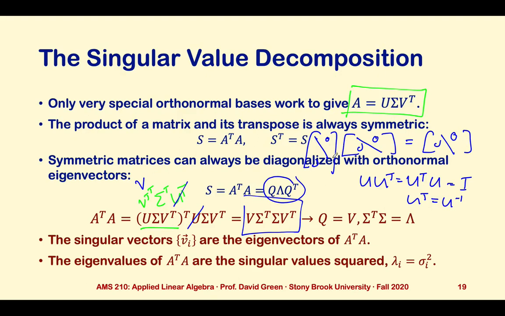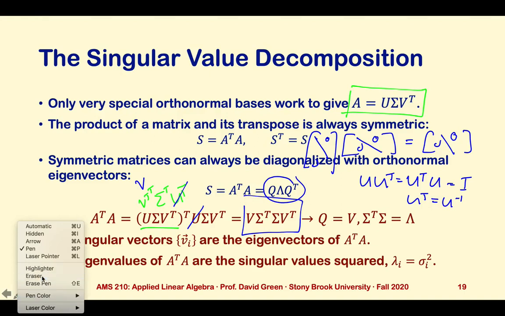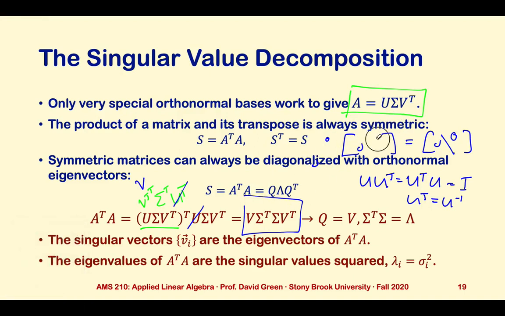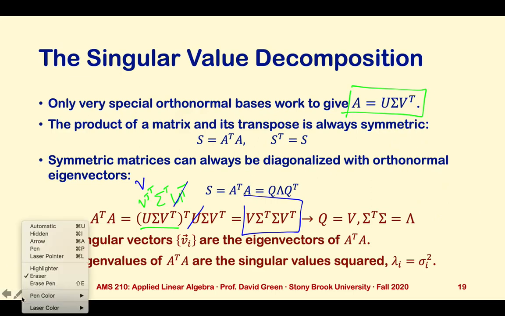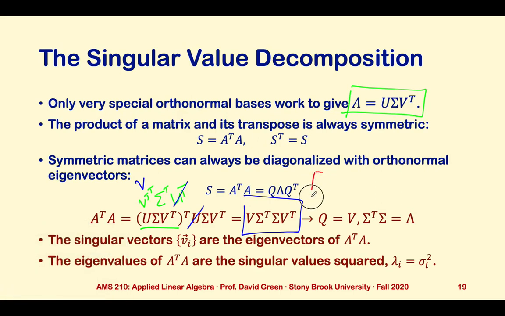If we take the symmetric matrix, maybe I'll just expand on this briefly. If we take the product of a diagonal matrix with its transpose, this has all zeros off the diagonal.